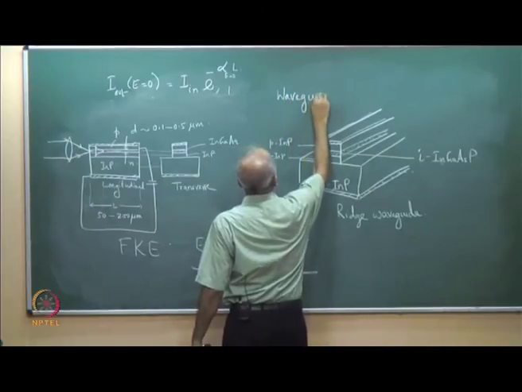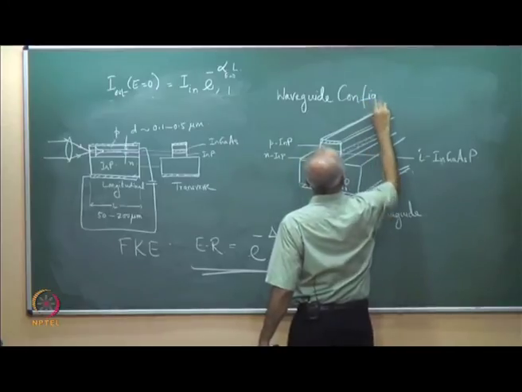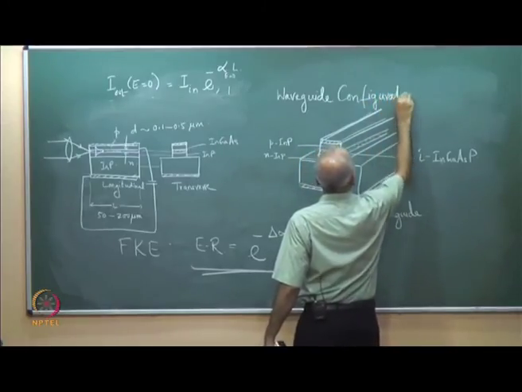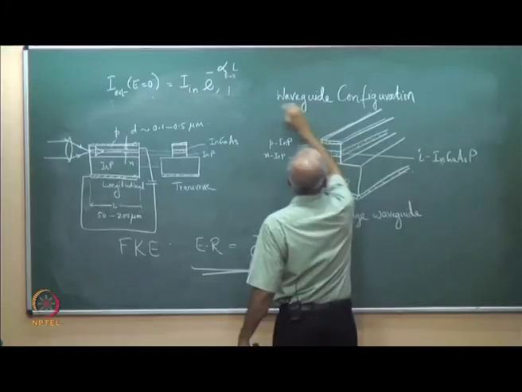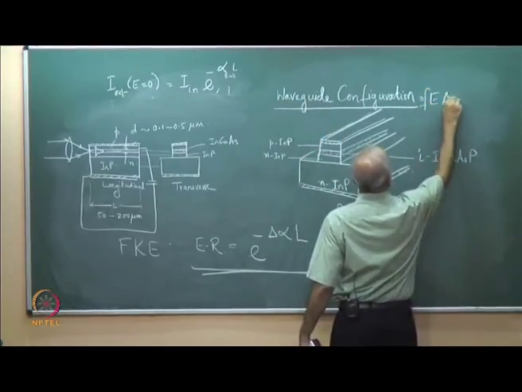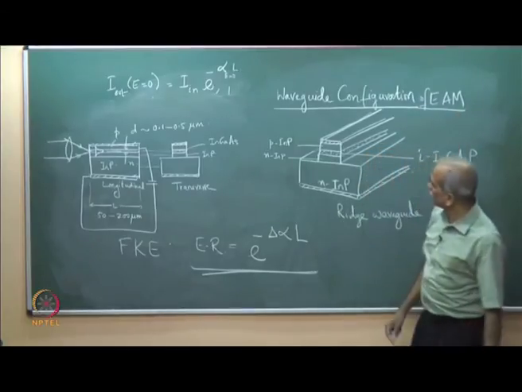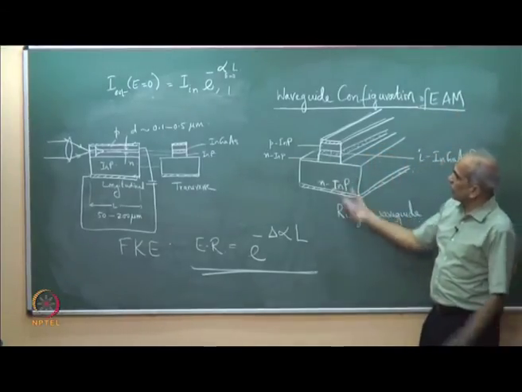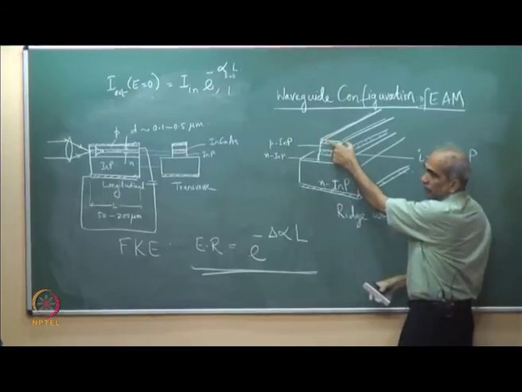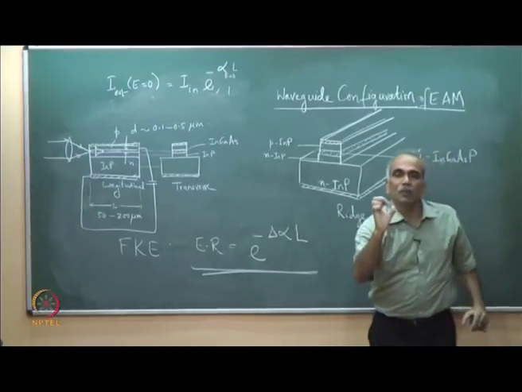Waveguide configuration of EAM, electroabsorption modulator. So, the structure looks like this. It is a ridge, an elevated ridge. We make a ridge because we want the beam to be confined.